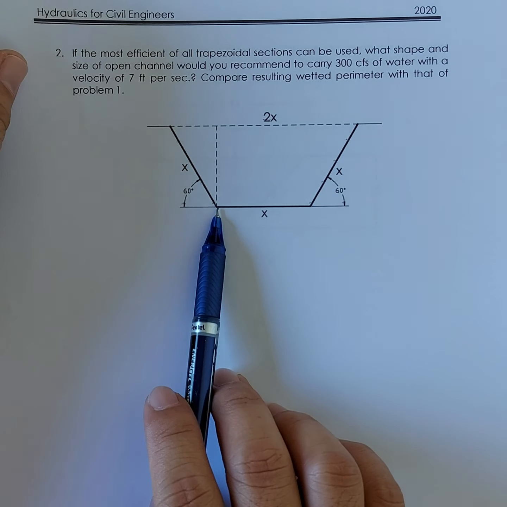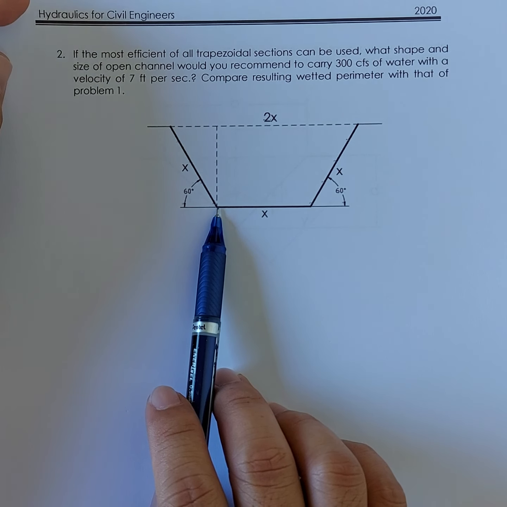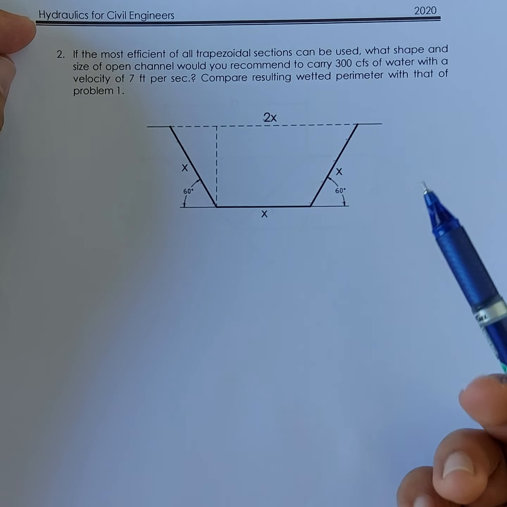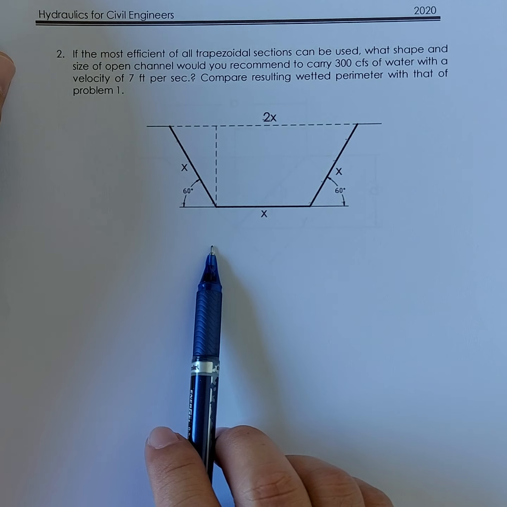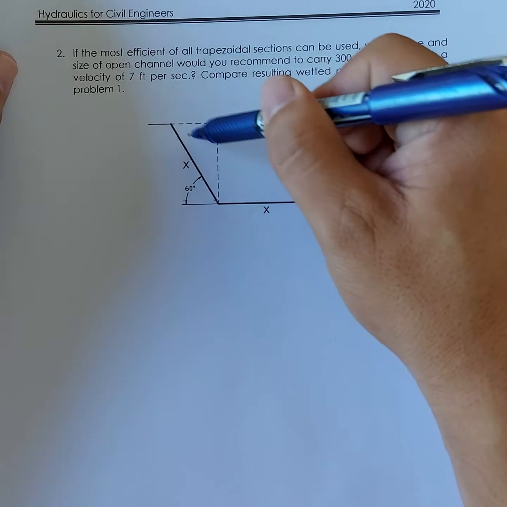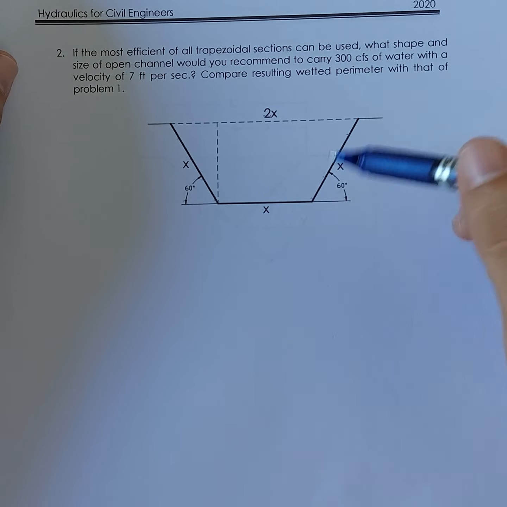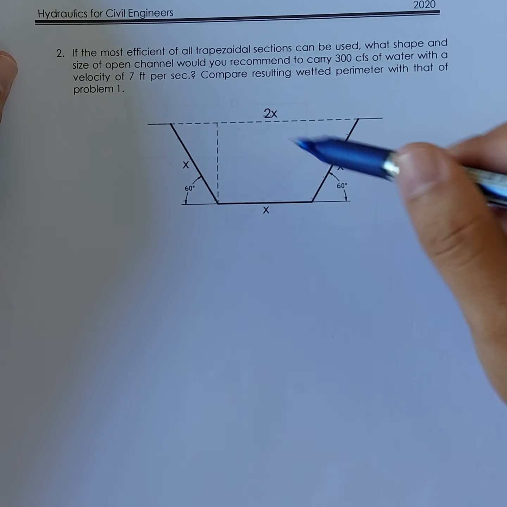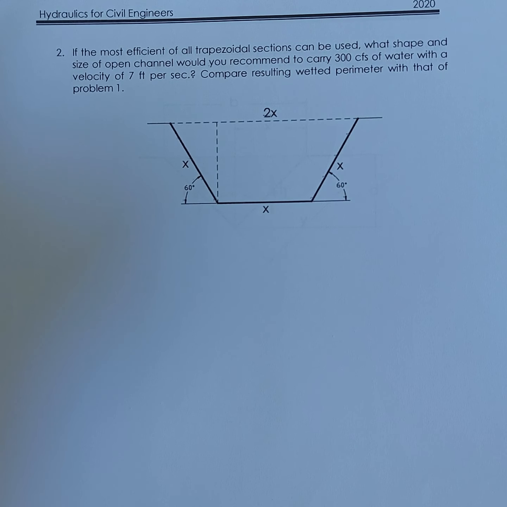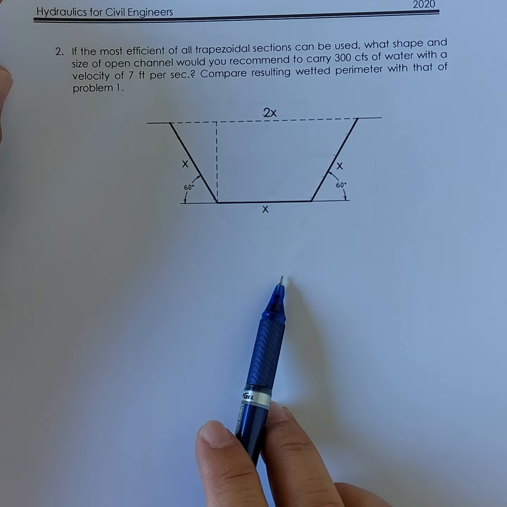Okay, so we are to solve for the size. For the sizing of the trapezoid, you can solve for the dimensions, or the length of each side. That will determine the size. So we are to solve for the value of x in this particular problem.